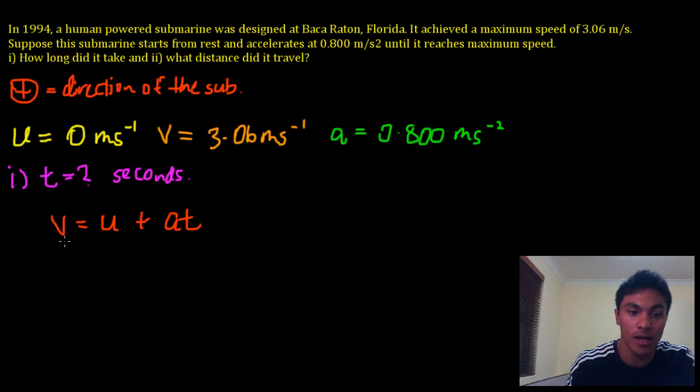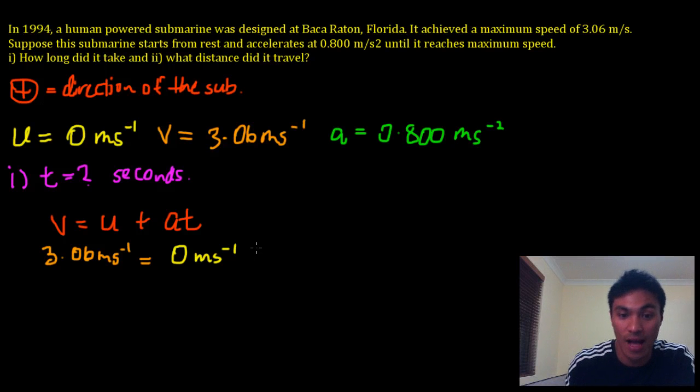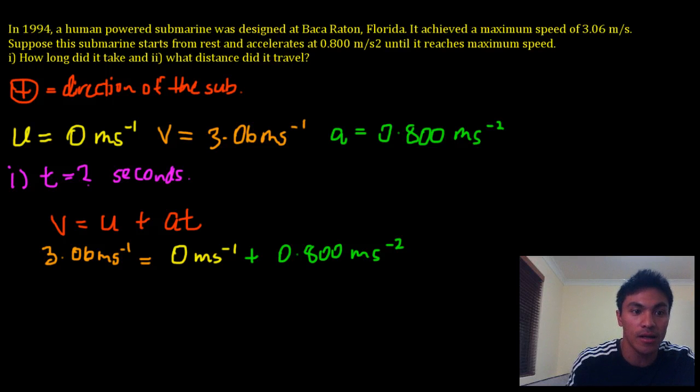So let us plug in those values. Our v value is 3.06 meters per second, and that is equal to our u value, 0 meters per second, plus our acceleration of 0.800 meters per second squared multiplied by t.